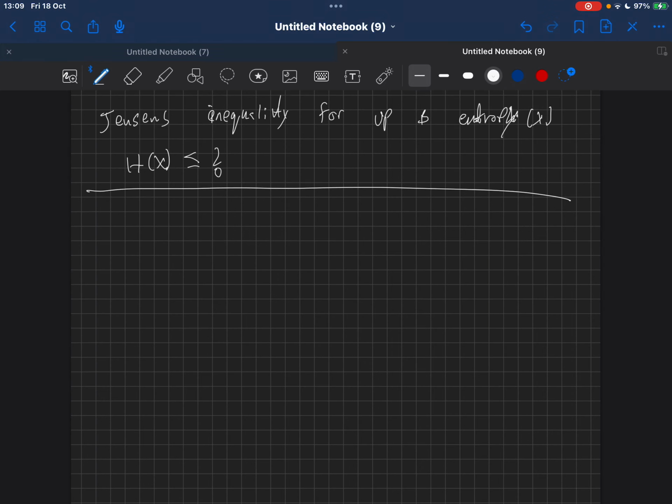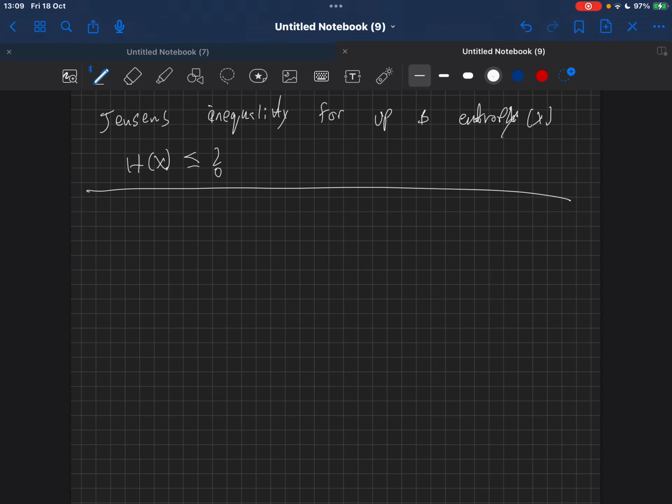So let's just have a general look at Jensen's inequality. I won't get into the details, and then use the formula for entropy and try to get an upper bound for its value.